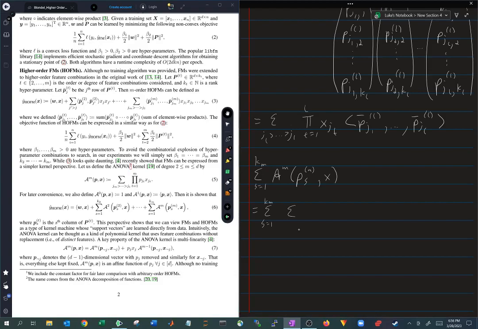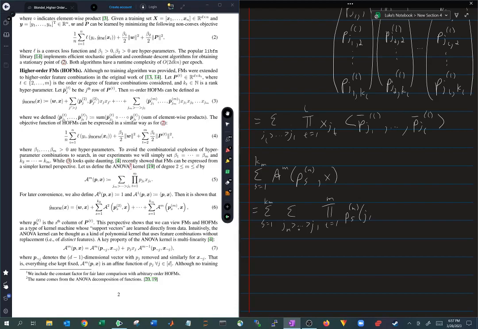Then this thing we replace with the sum over all j_m greater than j_1 of the product from t equals 1 to m of p_s^m at j_t.